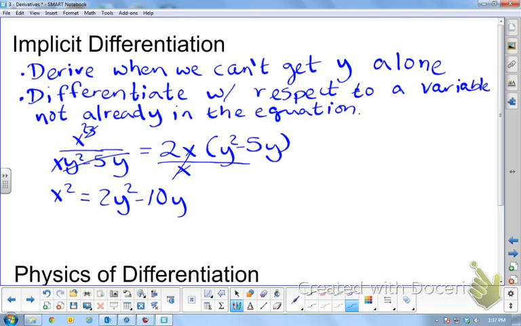So you don't have to do that. We could have left the problem like it was originally. It makes it easier on ourselves. So now let's differentiate.